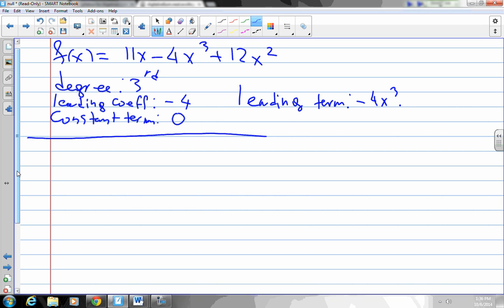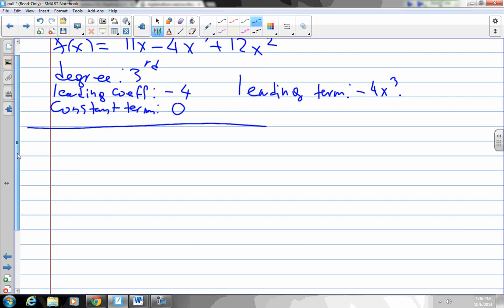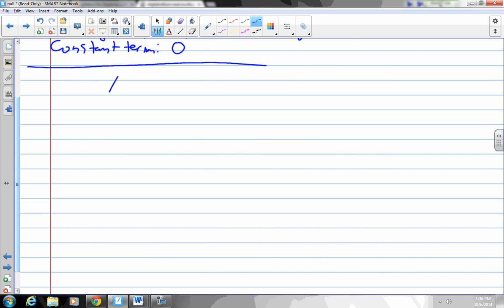So let's talk about graphs. The graphs of polynomial functions are pretty. They're nice, smooth. By the way, smooth is a mathematical term. It means it's nice and pretty, really.